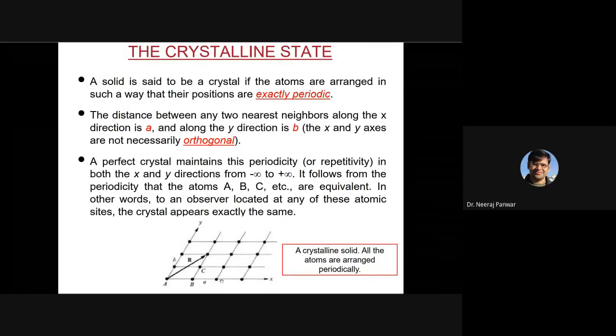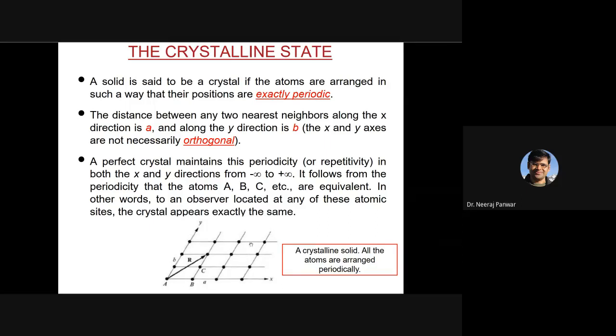So this is periodic arrangement along x direction. Similarly, if we move along y direction by an amount b, we will encounter an atom. So this is periodic arrangement of atoms, and this is just an arbitrary example.